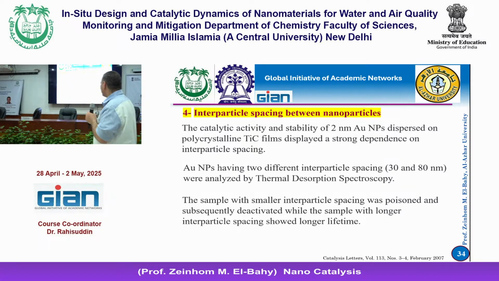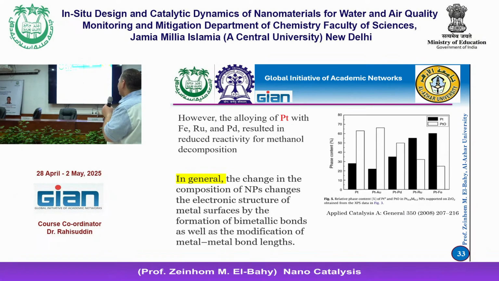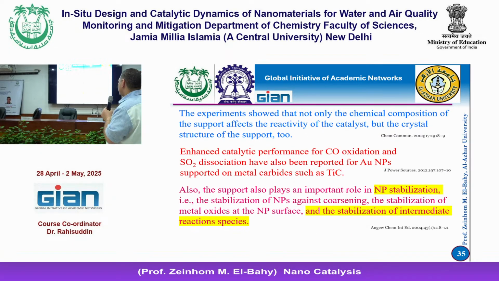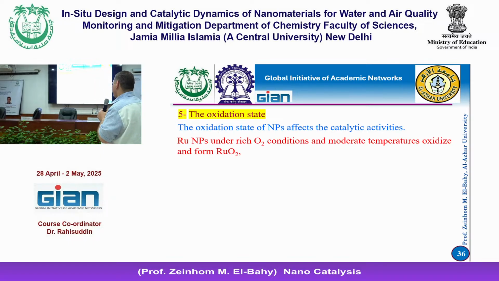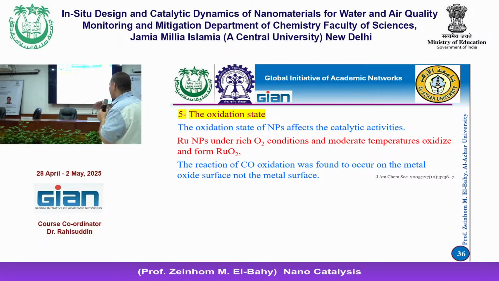Now we will go to the other factor, the oxidation state. Changing the oxidation state leads to an increase or decrease in the catalytic activity. It is not always the same behavior.